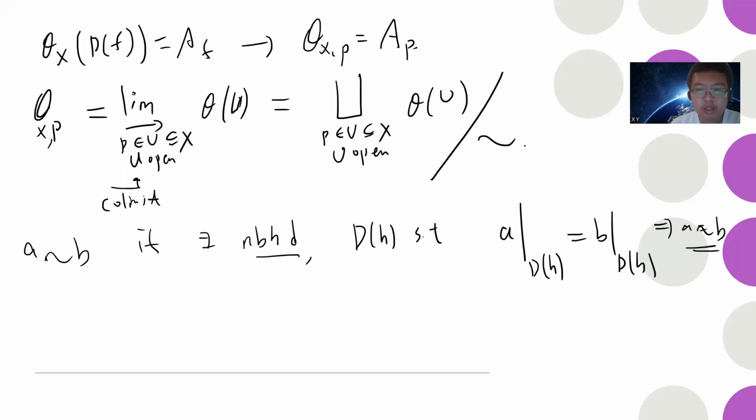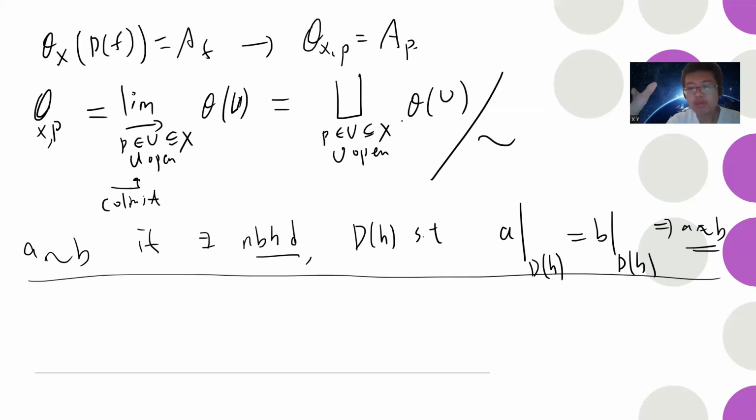It's just a definition. This definition just tells you that wherever you see these two elements, if they restricted to some open neighborhood or some distinguished open set are the same, then they are equivalent. Okay.